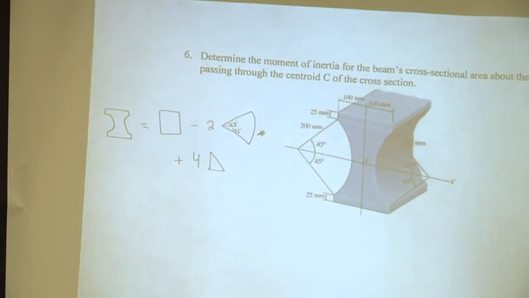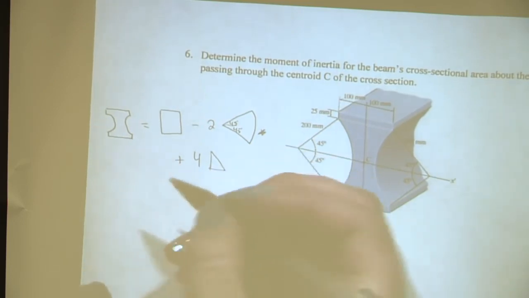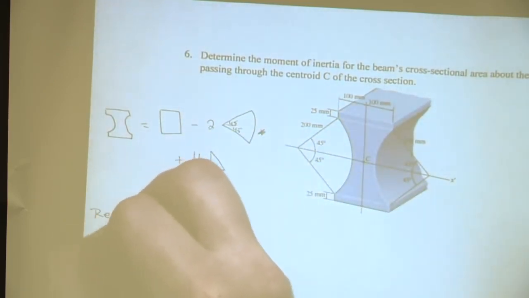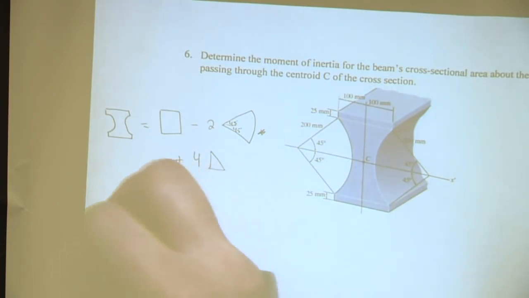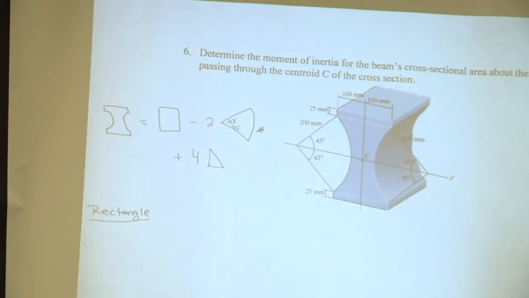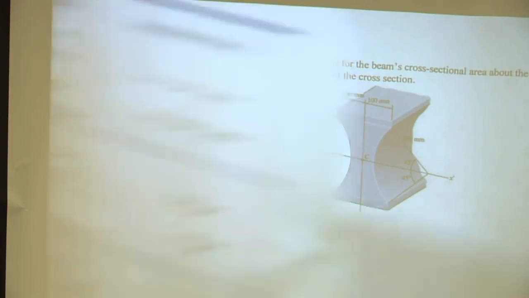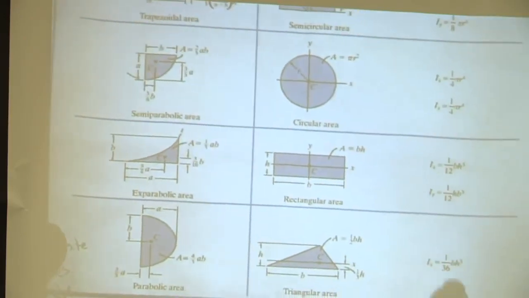Okay, so let's calculate the moment of inertia for a rectangle. What's the moment of inertia for a rectangle? 1 over 12 b times h cubed. Okay, awesome. So bh cubed, if you're ever not sure, check back here.